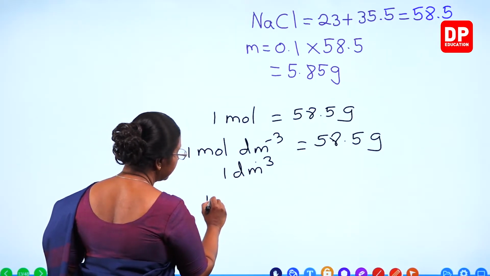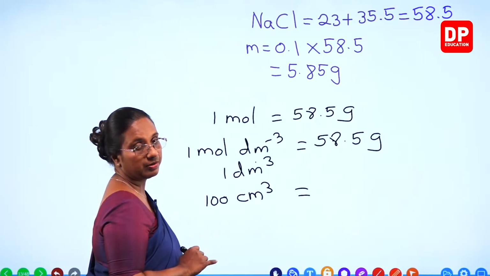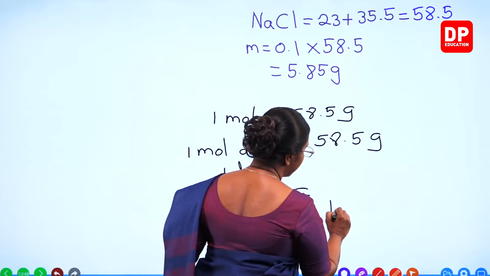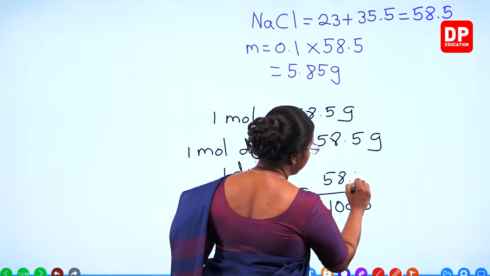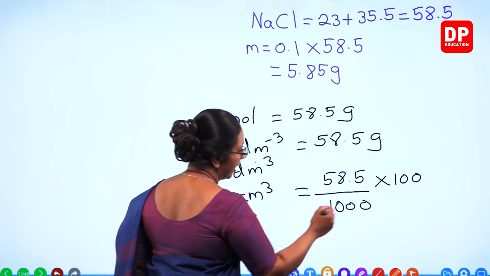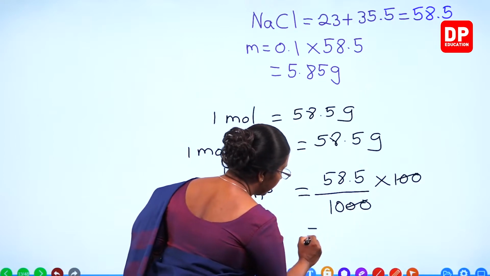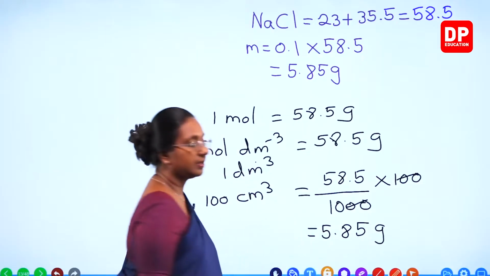So, in 100 centimeter cubes, what is the amount? In 1000 centimeter cubes, there is 58.5. Therefore, in 100 centimeter cubes, you can do it this way also. Then also you get the same value, 5.85 grams.